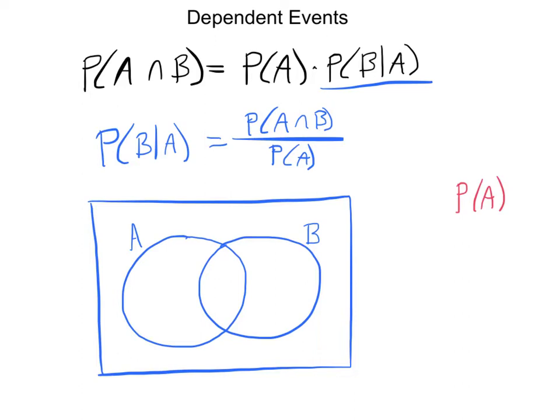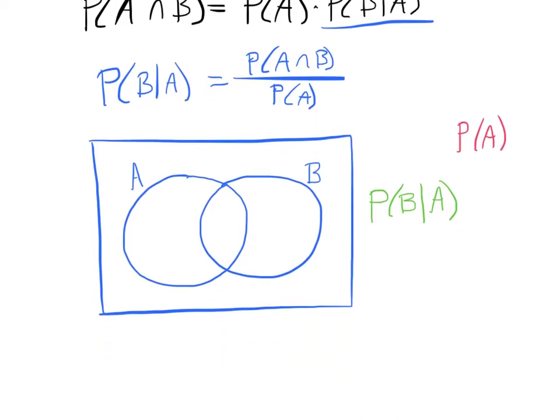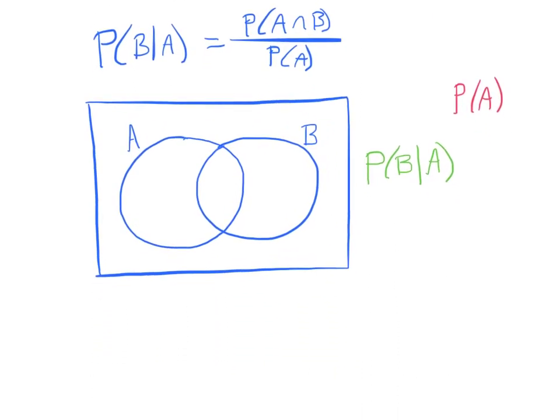Here's where it gets neat. What if I asked you, what is the probability of B given A? Think about what that means to you. Given A means A happened.